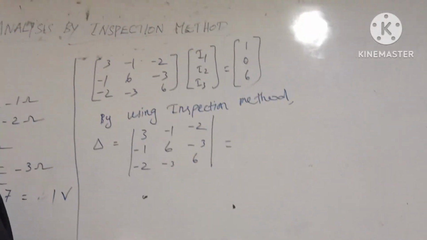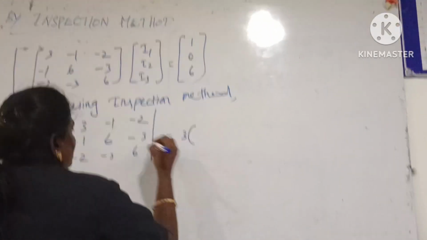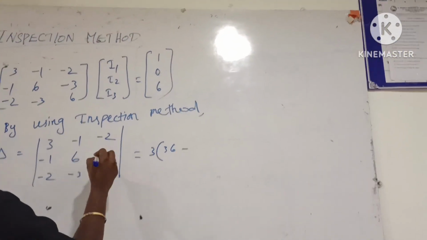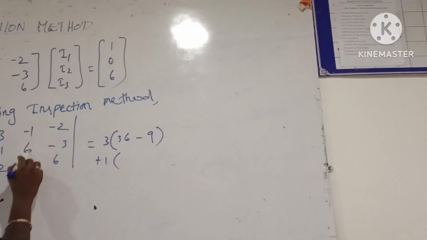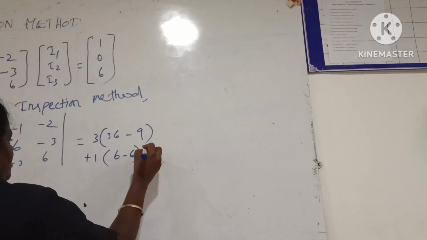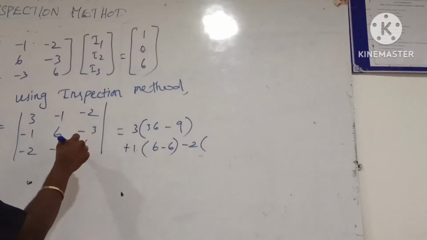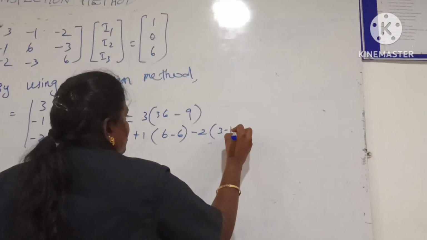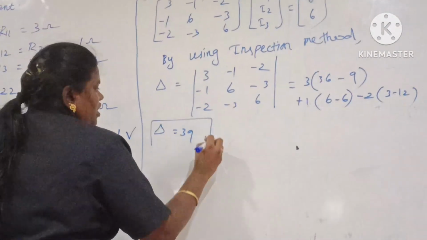So we find the del value: 3 into 6 into 6, 18, 36, minus 9, minus into minus plus 1, 6, minus 6, 0, minus 2, minus 2, minus 2, 3, minus 12. So the del value is 39.